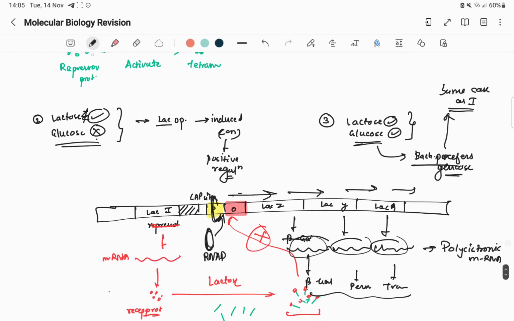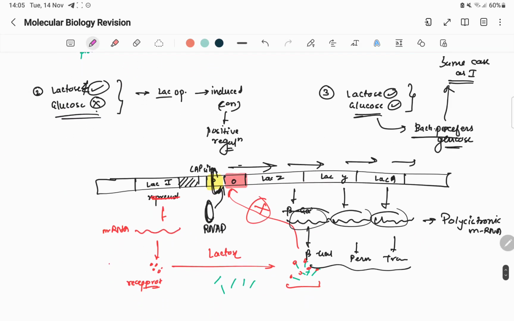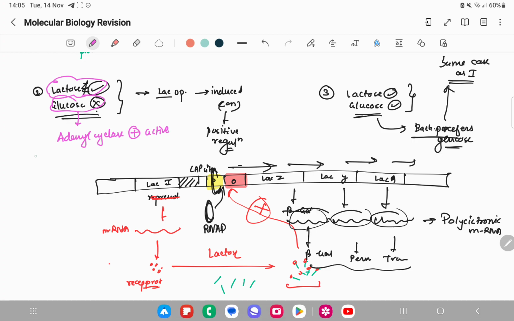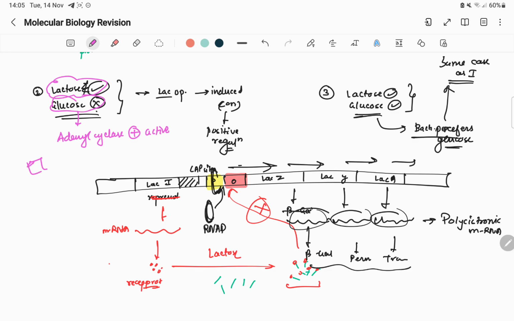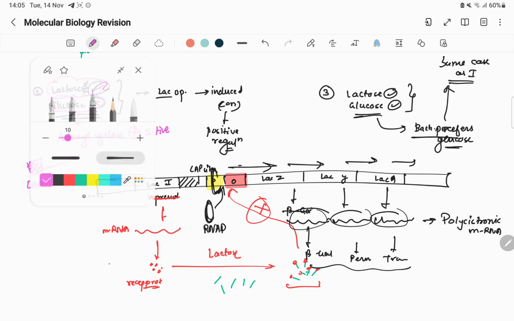Now I have to teach another thing, that is CAP. What is the effect of CAP if lactose is present and glucose is absent? If glucose is absent, your adenyl cyclase is active. This is your CAP, catabolite activator protein, and it will bind with the cAMP.